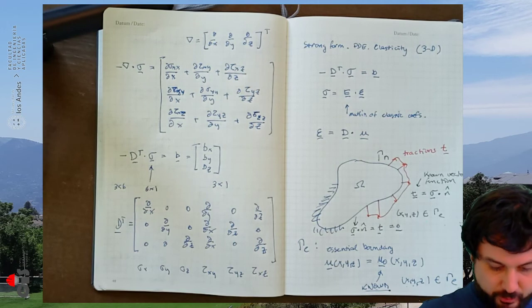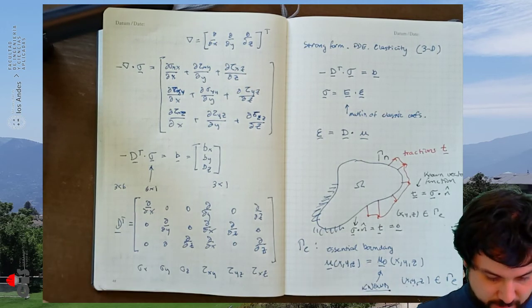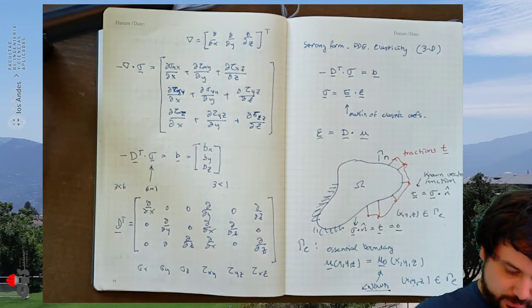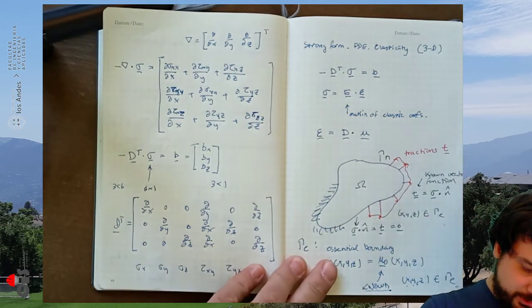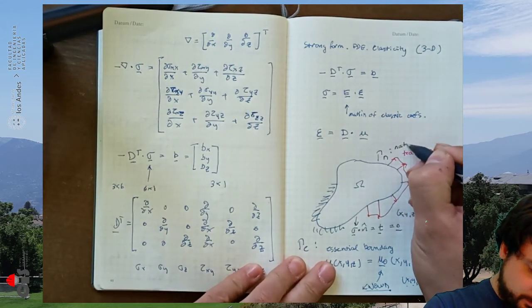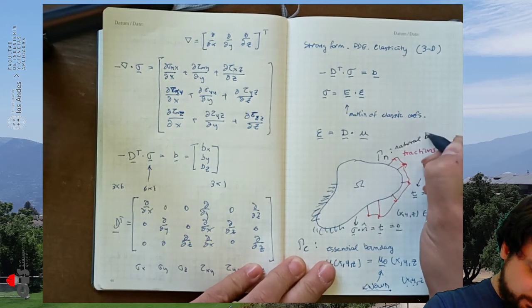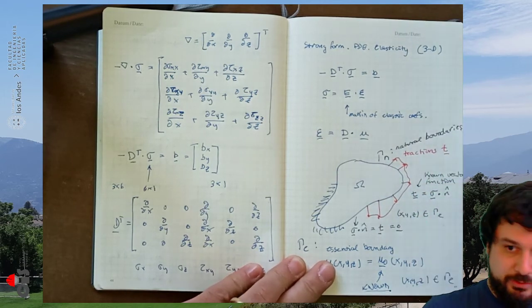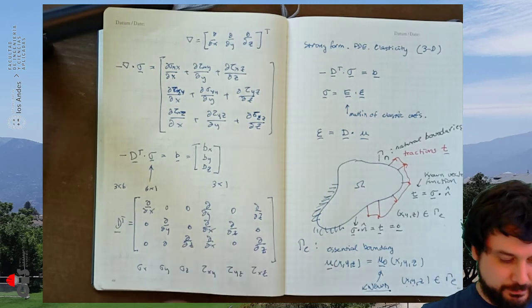You can safely ignore those, but mathematically those are part of the natural boundary conditions. So these are the essential boundary, these are called natural boundaries. That's where you define the natural boundary conditions.